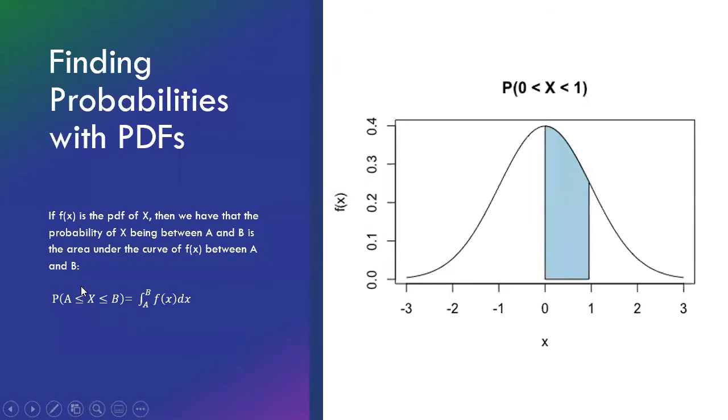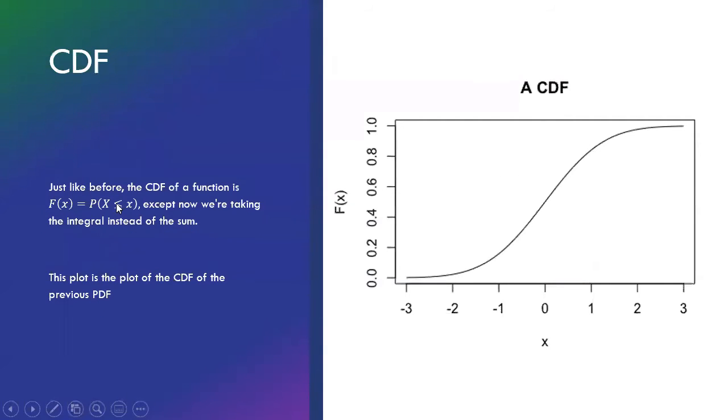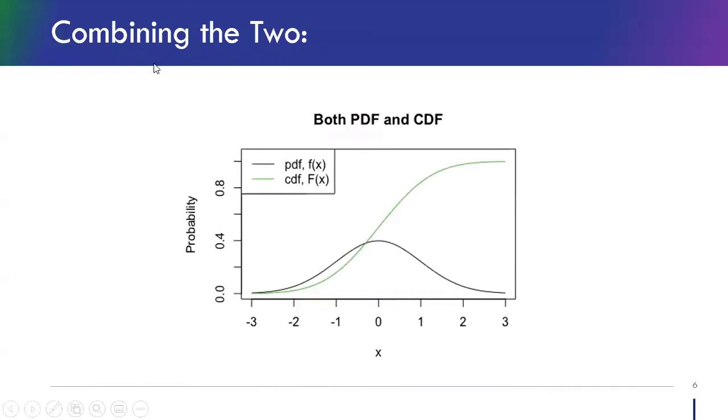So when we do this interval probability, which is the integral, the CDF looks like this. On the x-axis is our random variable, and on the y-axis is this capital F, the probability. When we plot these two together, they look like this.